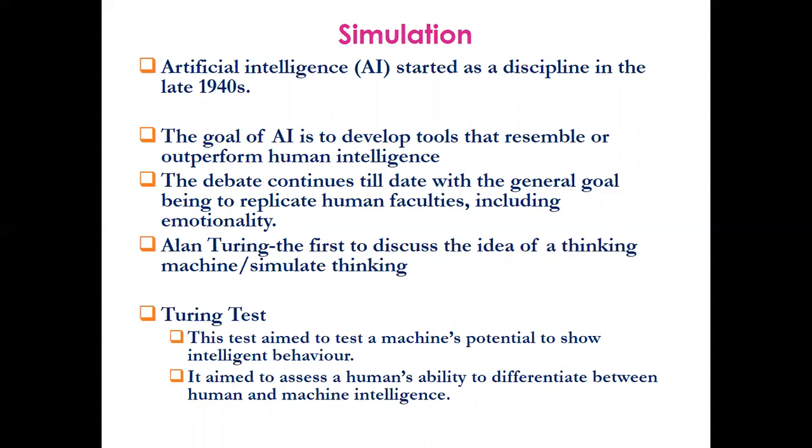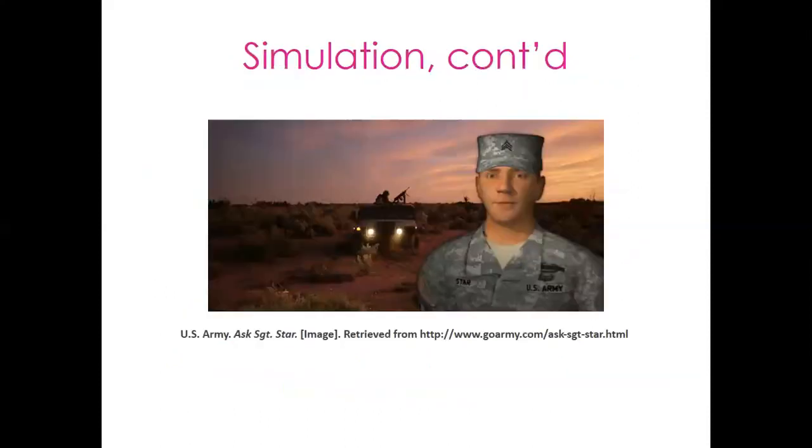And so the Turing test is a test that aimed to test the machine's potential to show intelligent behavior. It aimed to assess a human's ability to differentiate between human and machine intelligence.